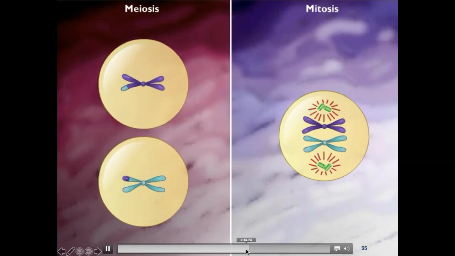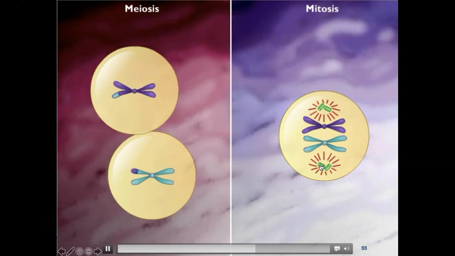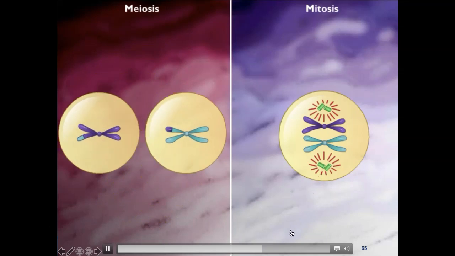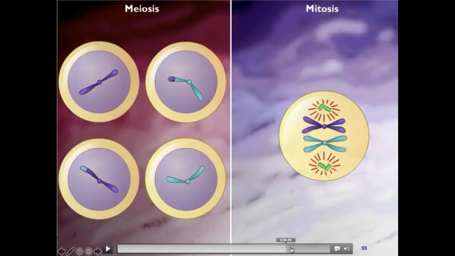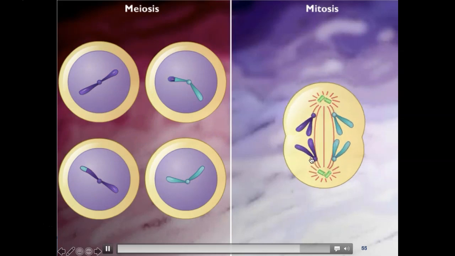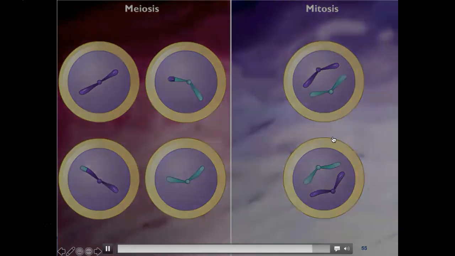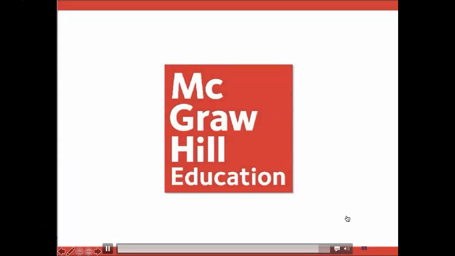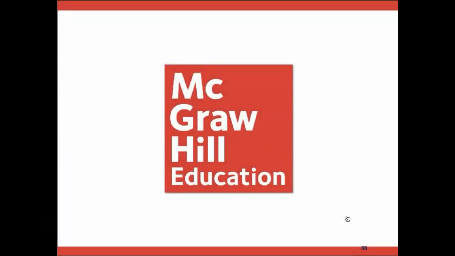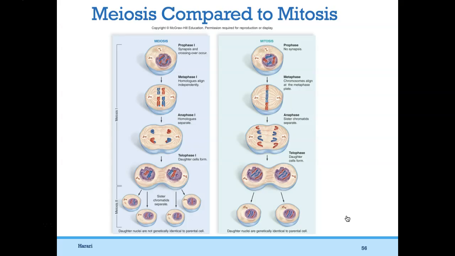That's in meiosis 1 only. Now let's compare that to mitosis, where both halves, this half and this half, are attached to the microtubules, so they both get pulled in half. And again, please watch these videos over and over again at your own pace so you understand this.